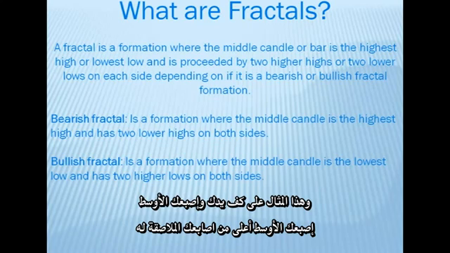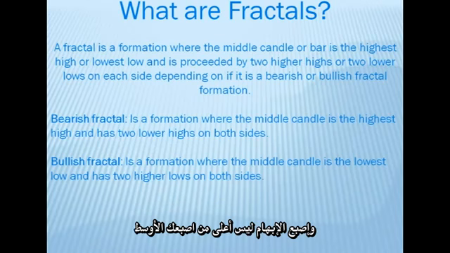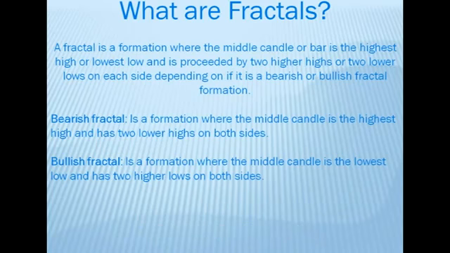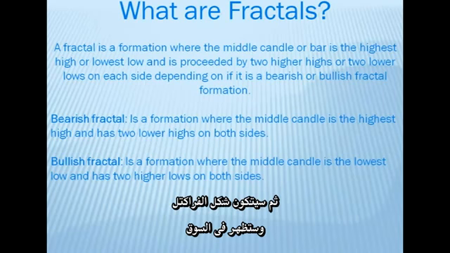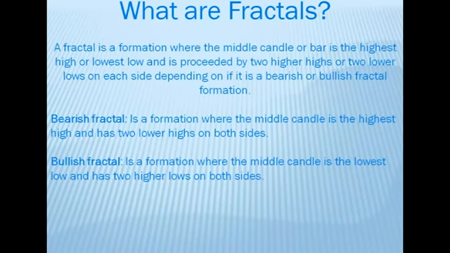Your index finger isn't higher than your middle finger, and then your thumb isn't higher than your index finger, right? You just look at the palm of your hand, your right hand, and you can see that. And you can do that with your left hand too. It's the same thing. It's going to be a fractal formation, but then we have that in the market.